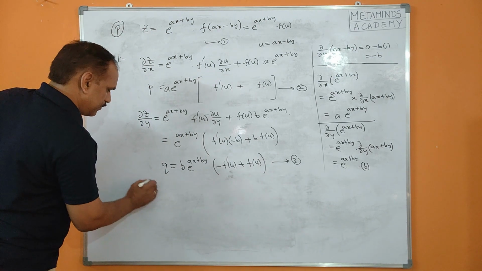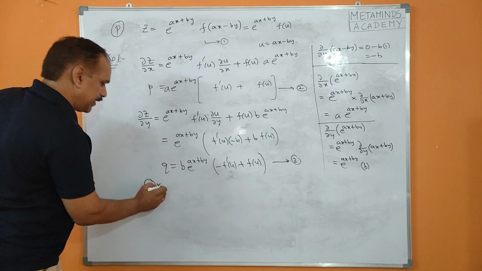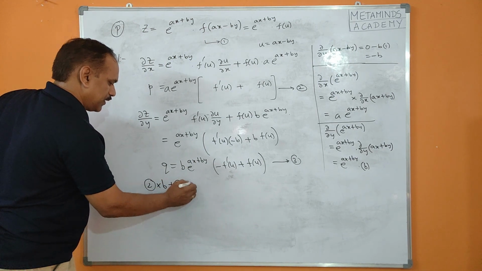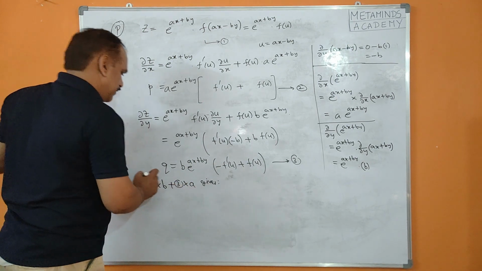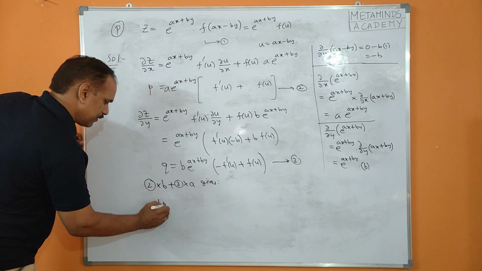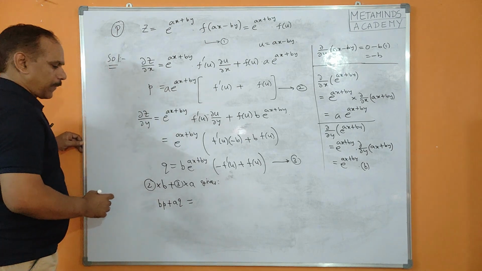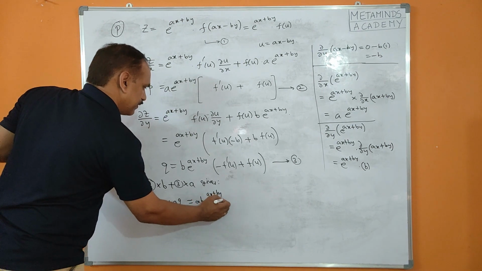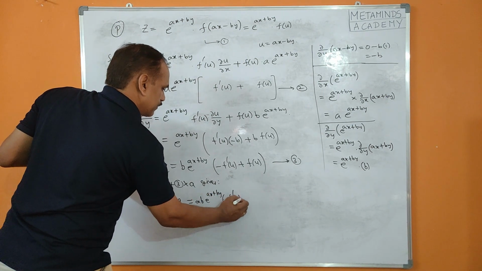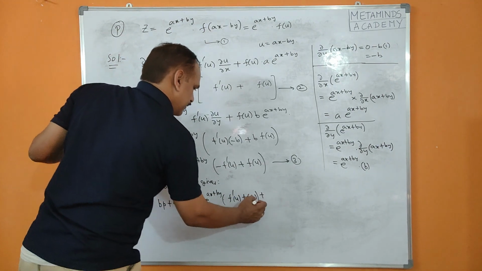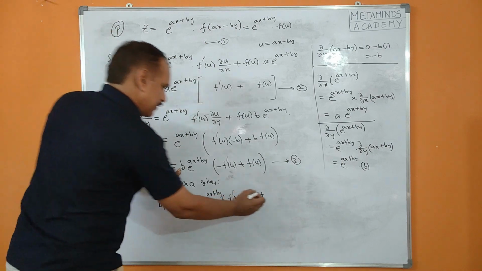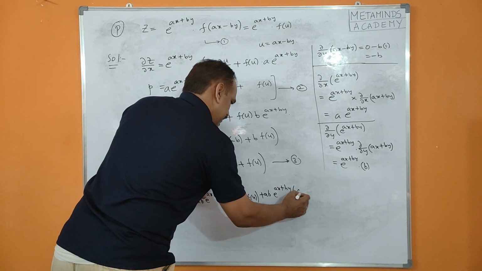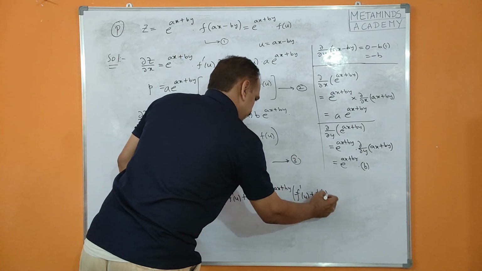So equation 2 into b, because here you have a, plus equation 3 into a gives bp plus aq equal to ab e power ax plus by into f dash u plus f of u, plus ab e power ax plus by into minus f dash u plus f of u.